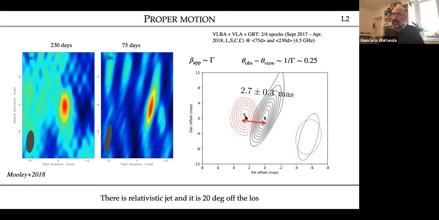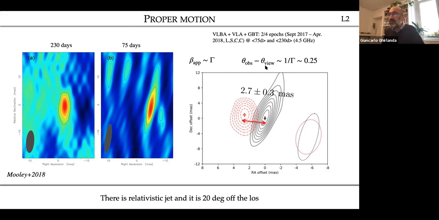And therefore, it can be shown that the measurement of this apparent speed, the inverse of 1 over gamma, is proportional to the displacement of the line of sight with respect to the jet opening angle. Sorry, there is a typo. This is the modulus of theta jet minus theta view, okay?